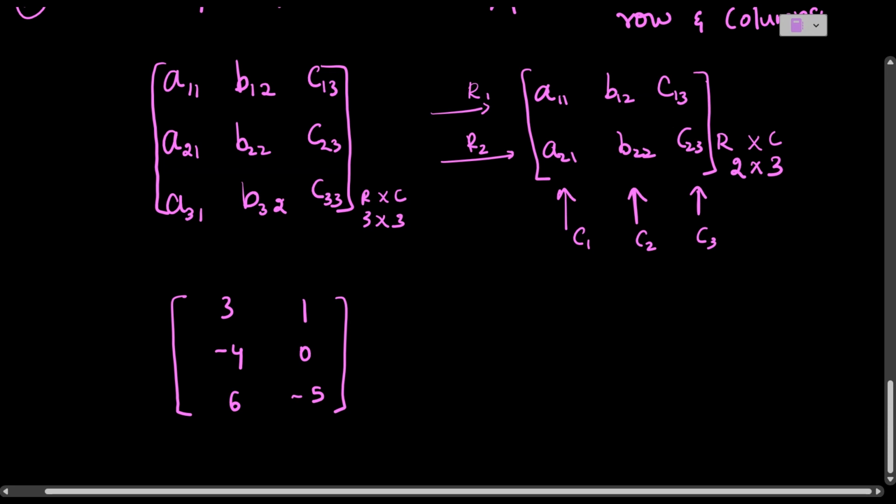How many rows am I having, students? This is row 1, row 2, and row 3. And this is column 1 and this is column 2. This is called a 3 by 2 matrix. Did you understand, students?